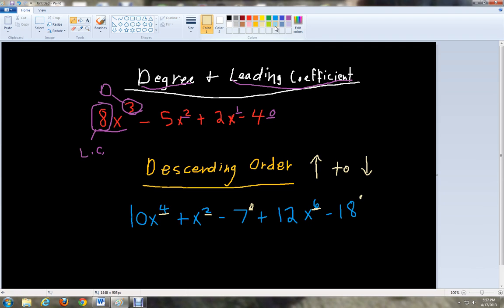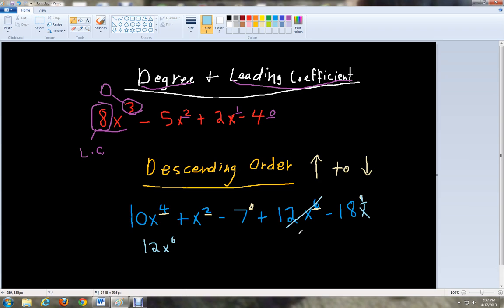Let's change this to an x, minus 18x, because negative 7 and negative 18 you could add together, and of course we're going to be doing that in our next video, adding and subtracting polynomials. So we look at these: 4, 2, 0, 6, and then this one would be 1, right? Because we had an x there, minus 18x. So we take the highest degree term, that's going to be 12x to the 6.